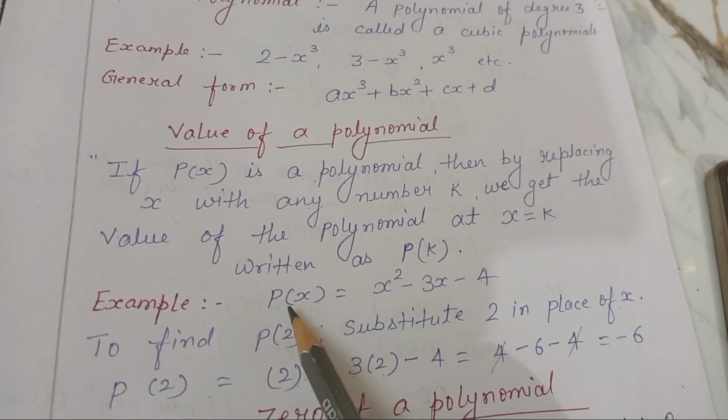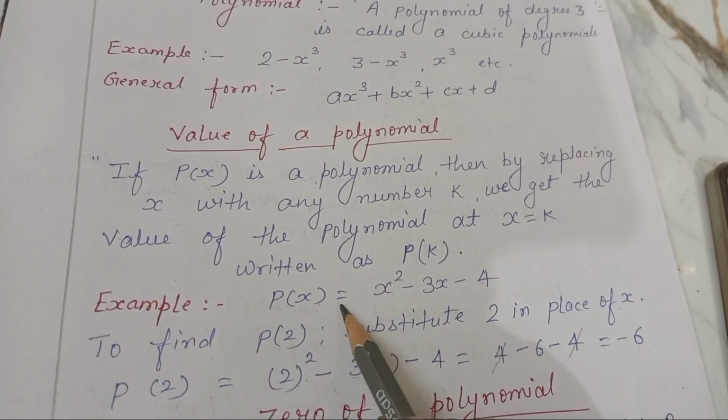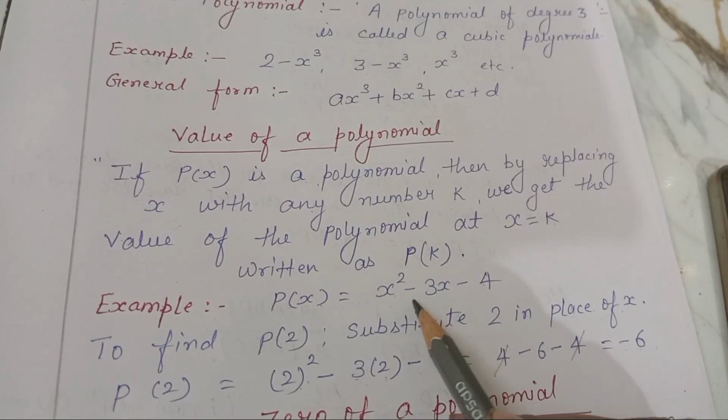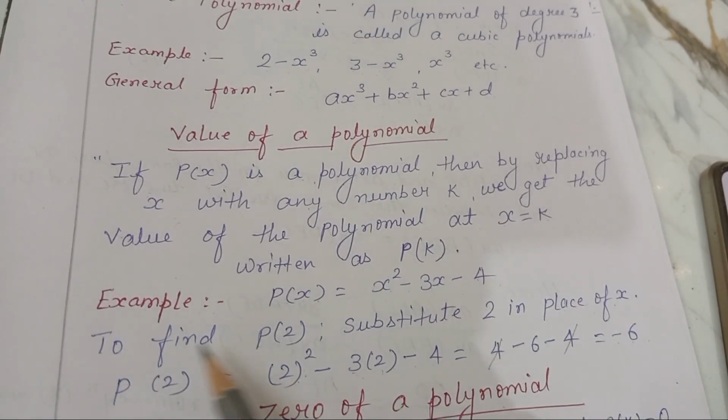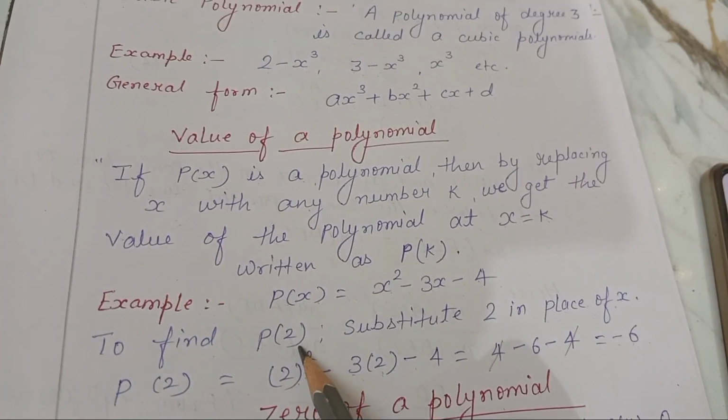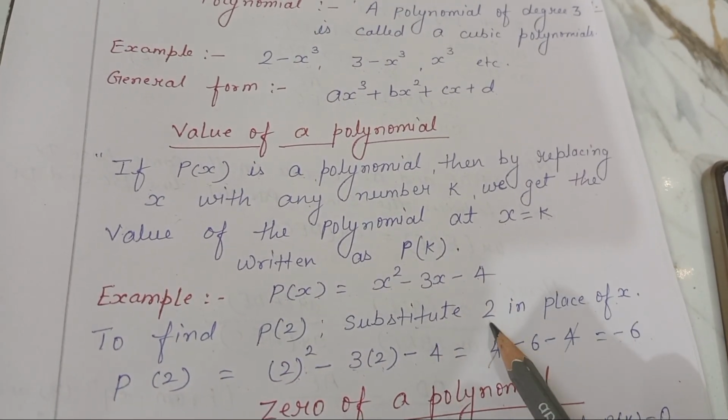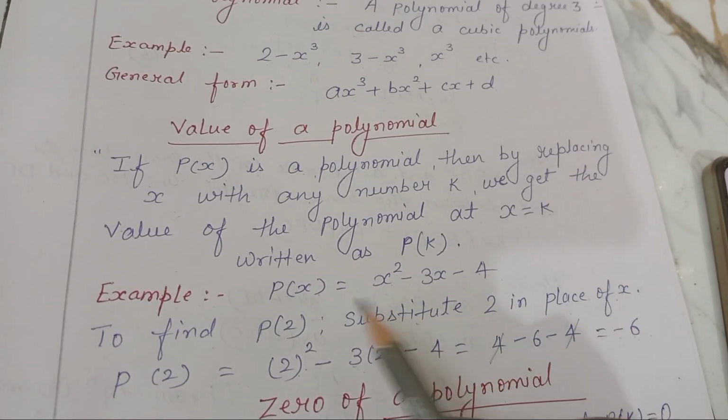Example, p of x is equal to x square minus 3x minus 4. To find p of 2, substitute 2 in place of x.